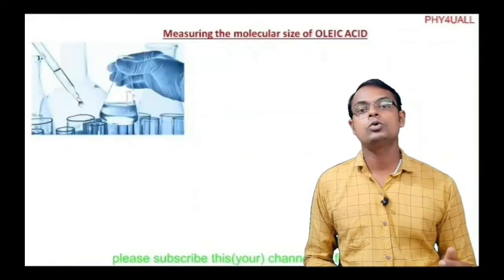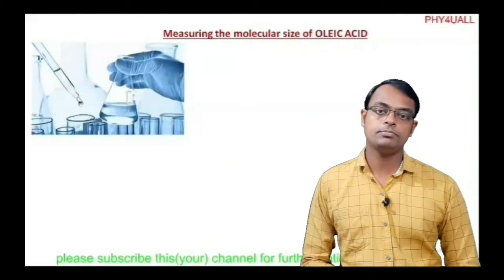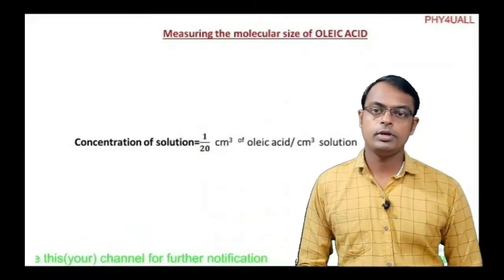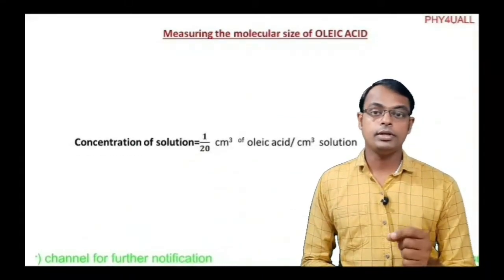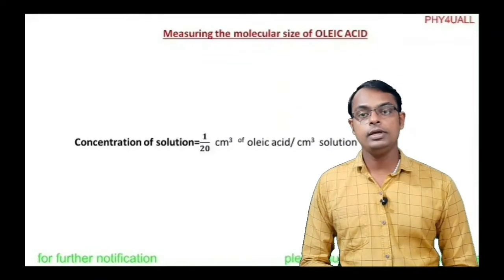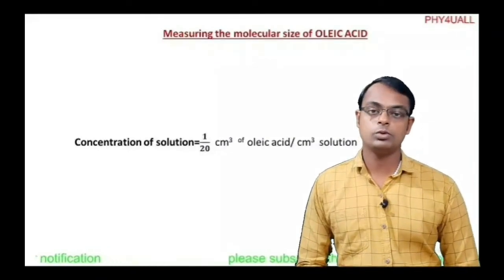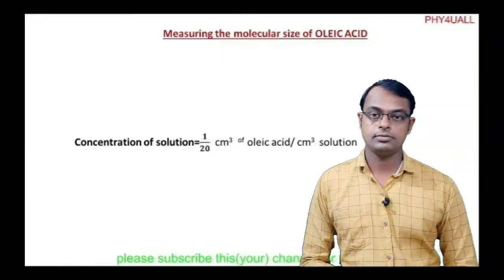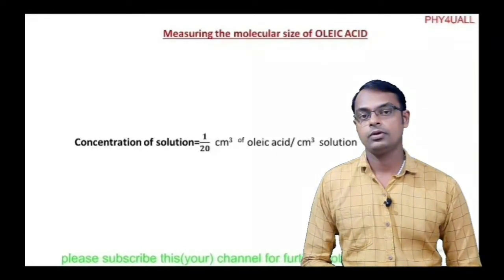What is the concentration of this solution now? The concentration now becomes 1 by 20 cm cube of oleic acid per cm cube of the solution. Clear? So the concentration has changed to 1 by 20.